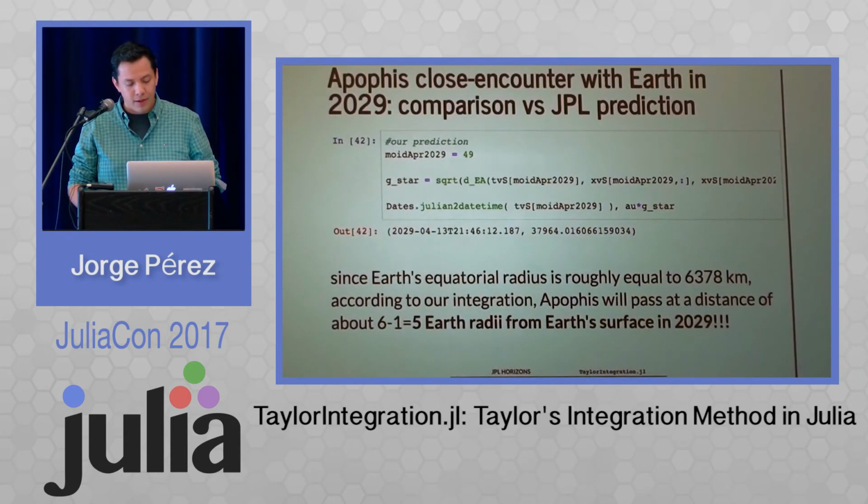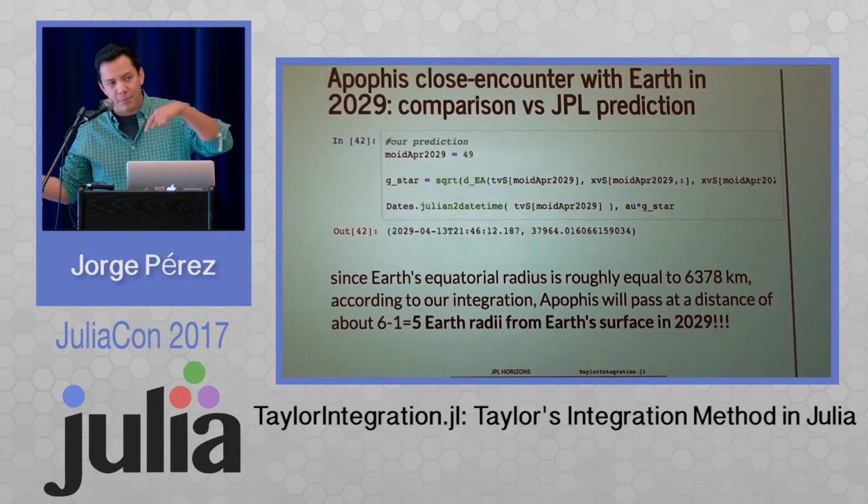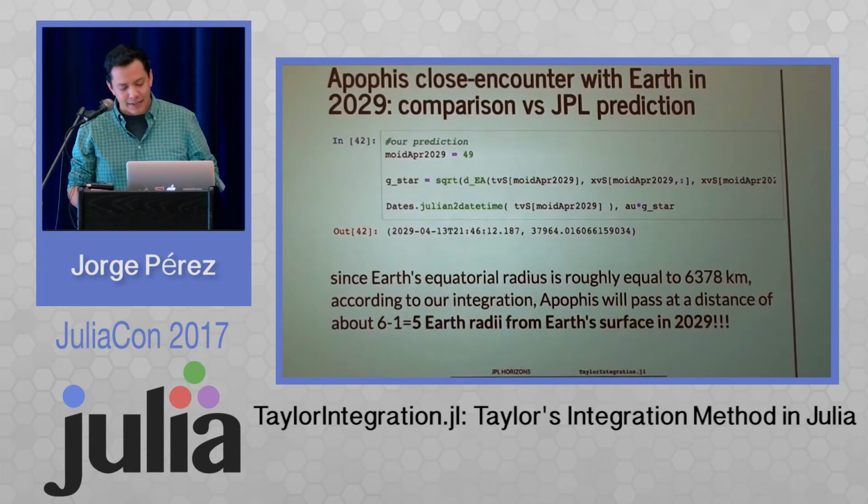For example, for the time of maximum approach, the difference between our integration and JPL's prediction is less than a second. And in distance, the difference is less than, I think, 12 kilometers. So this difference is actually well within the 1 sigma uncertainty in the JPL prediction.